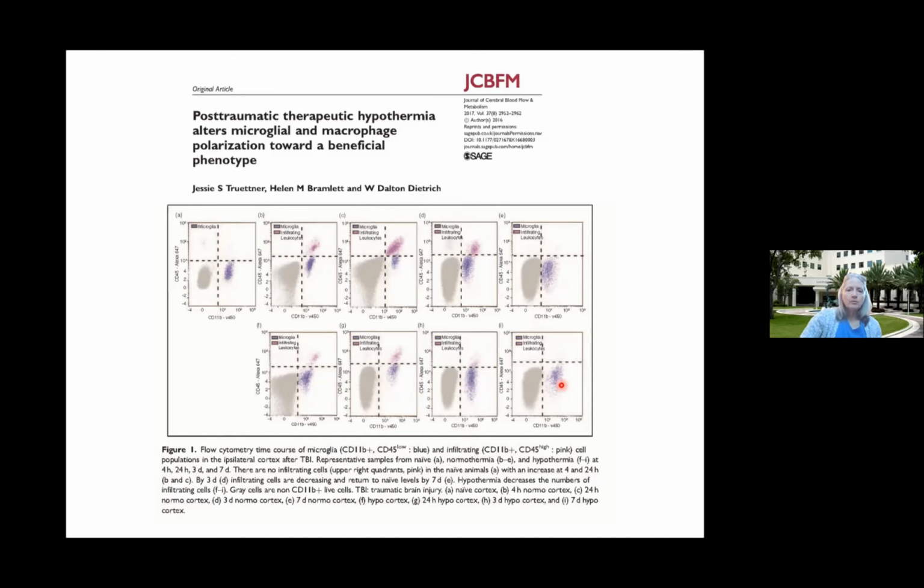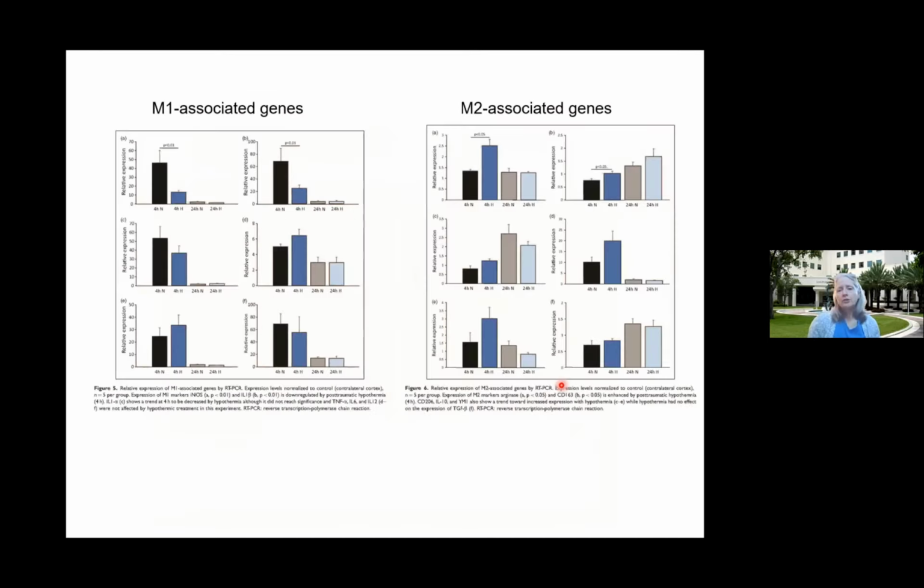We went on to look at M1 and M2 associated genes. These are M1 microglia, M2 microglia. This is a little bit antiquated. They've kind of changed some of the nomenclature for these different types of microglia. But again, M1 microglia are bad. They produce pro-inflammatory cytokines, whereas your M2 microglia are producing anti-inflammatory cytokines and releasing other factors.